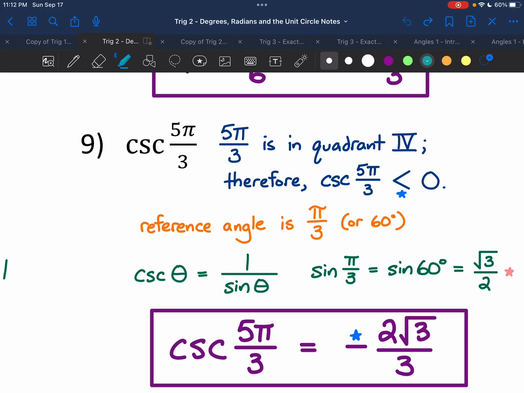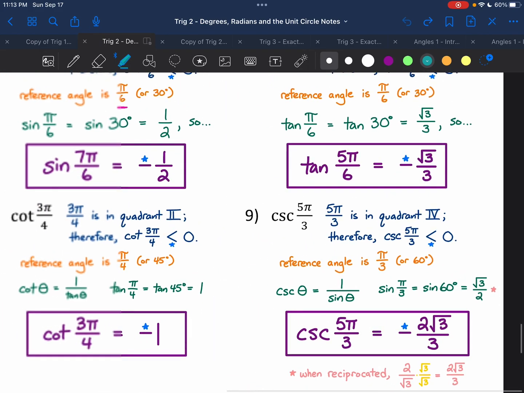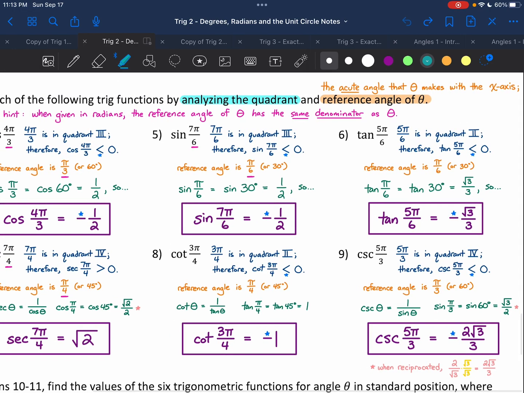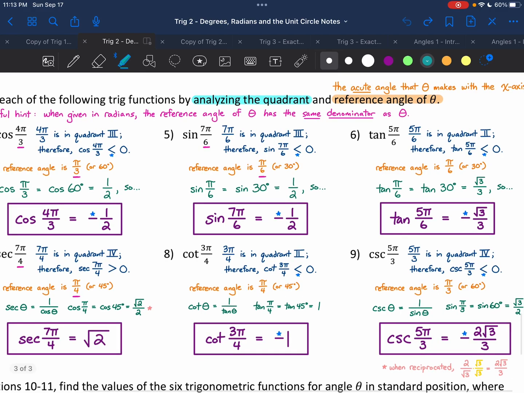You don't have to worry about any of that other stuff. What you do have to remember is you have to decide what the sign is going to be. Again, the only difference between getting the quadrant right or wrong will be, do you have a negative sign or do you have a positive sign? And I'm not taking a whole bunch of points off for that if I see that on an assessment, but of course, for number 8, 1 is incorrect, negative 1 is correct.